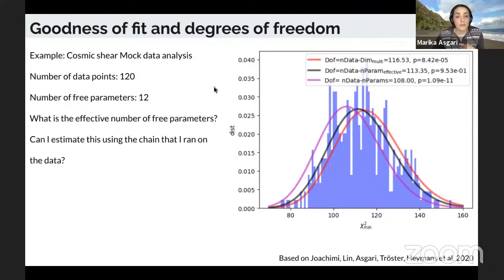Okay, but we can also try to estimate the number of free parameters from our posteriors. And this has been done recently, looking at something called dimensionality, which is basically looking at the standard deviation of your chi-squares in your full posterior, or some other property of your full posterior distribution.